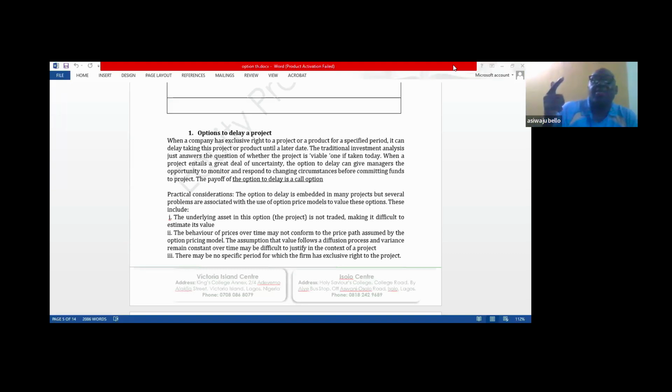The option to delay provides opportunity for the company to monitor and respond to changes in the business environment, to changes in the risk level, before investing money in the project.